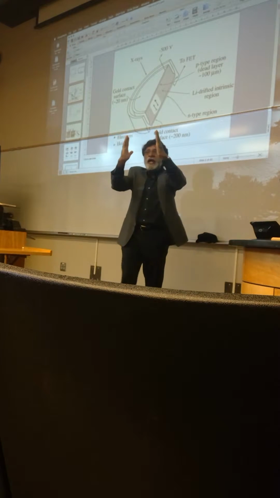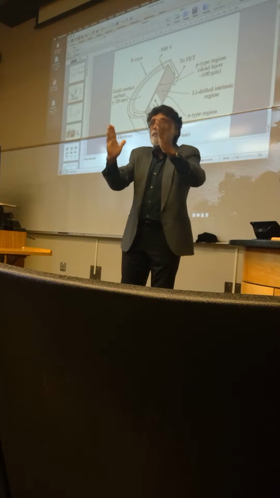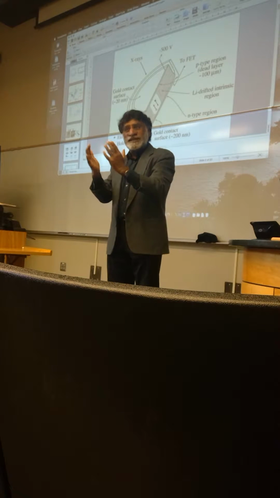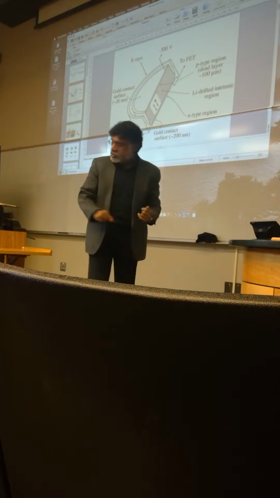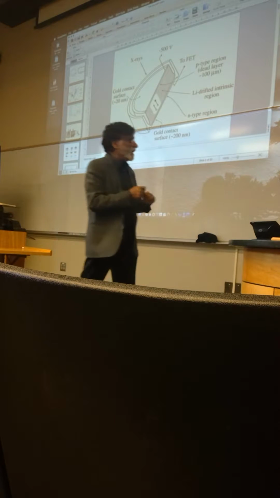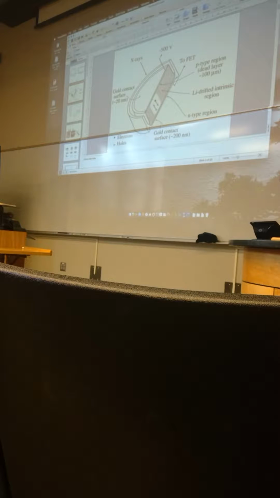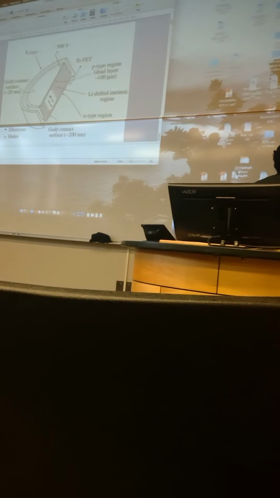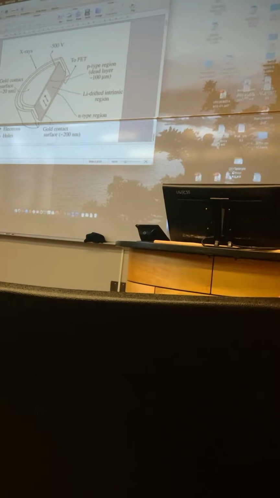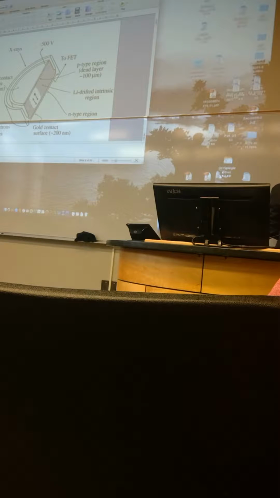Now, X-rays get absorbed in materials, and the transmission drops exponentially with the thickness. So if you look at the intensity, it's going to be I0, which is the incident intensity, times exponential minus mu x, where mu is the linear absorption coefficient.